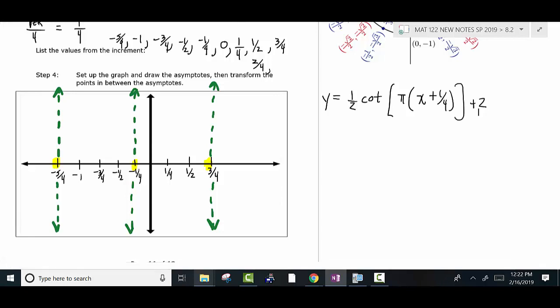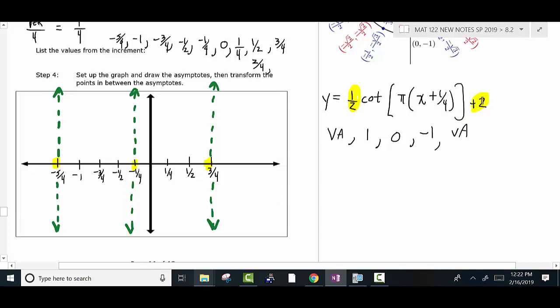Okay, so this is what you want to know. I'll do the y-axis thing here in a minute. So what you got to remember on a cotangent is it goes vertical asymptote, then it's backwards. 1, 0, -1, vertical asymptote. That's how those y values go inside of the asymptote. What's going to change that is the number 1/2 and +2.